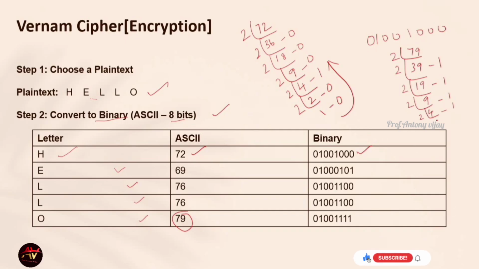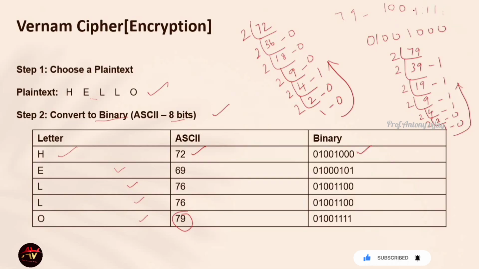Then 2, it is 9, remainder 1. Then 2, it is 4, again remainder 1. Then 2 times 2 is 4, remainder 0. Then again 2, it is 1, remainder 0. So in this direction you have to write. For this 79, the value will be 1 0 0 1 1 1 1.